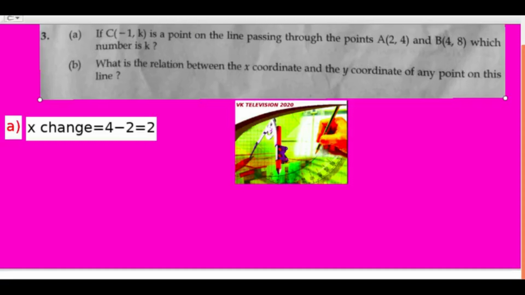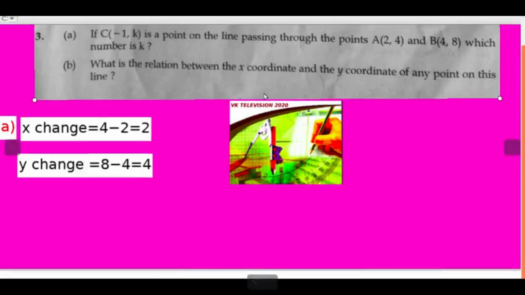What is the relation between the x coordinate and the y coordinate of any point on this line? We first consider the 2 points A of 2, 4 and B of 4, 8. We first find the x change, that is the x difference, 4 minus 2, which is equal to 2. Then the second one is y change.